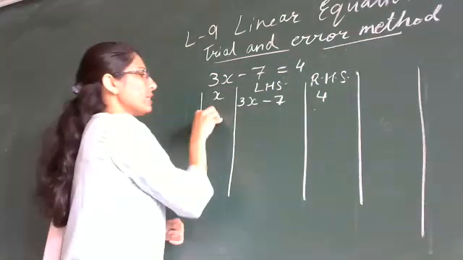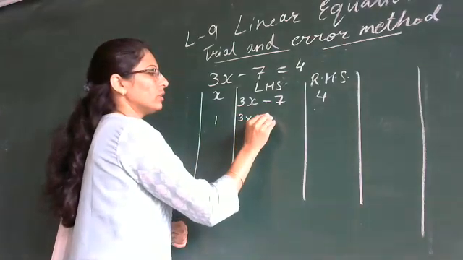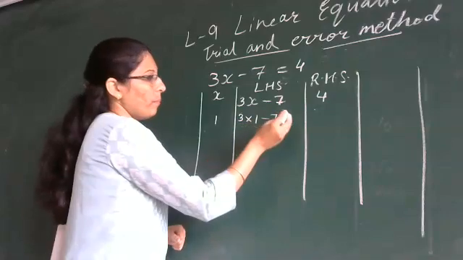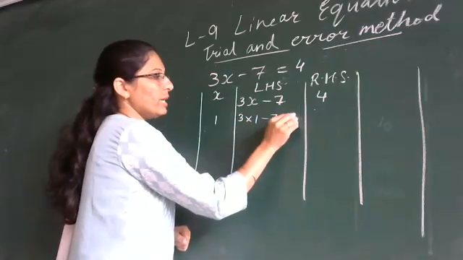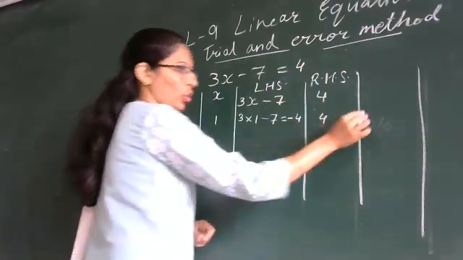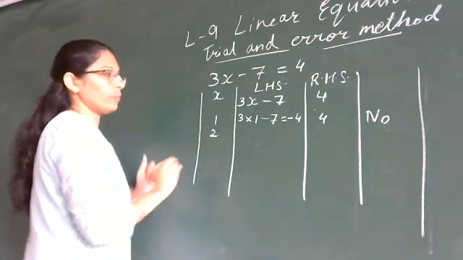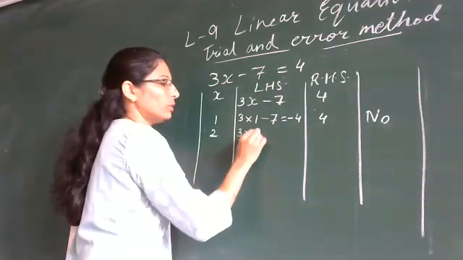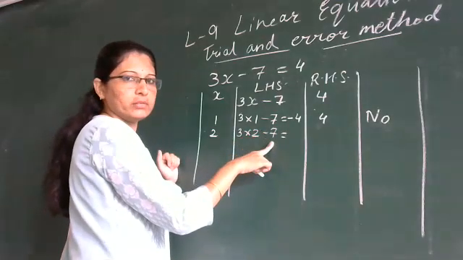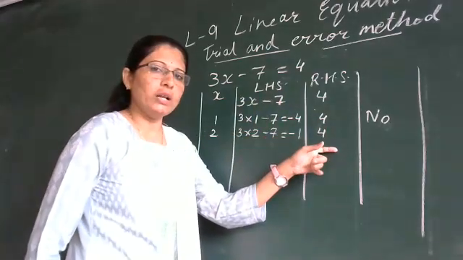Now if you put x as 1, 3 into 1 minus 7, what will you get? 3 minus 7 is minus 4. Is it equal to this 4? No. Now next, we have to put 2. 3 into 2, 6 minus 7, minus 1. Are both equal?